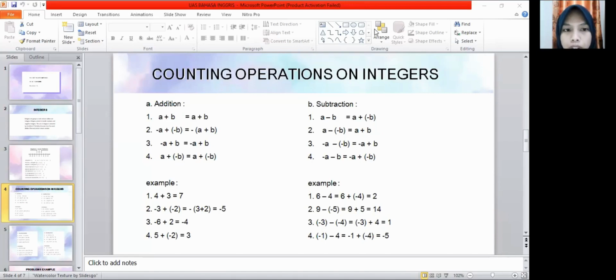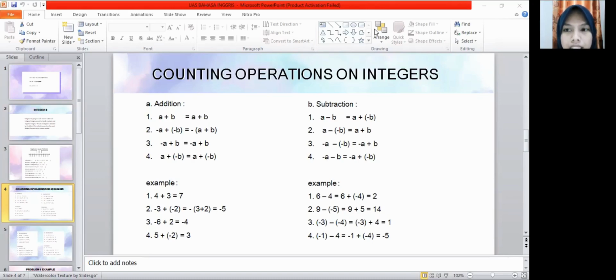In algebraic form, a plus b equals a plus b. Negative a plus negative b equals negative a plus b. Negative a plus b equals negative a plus b. A plus negative b equals a plus negative b.